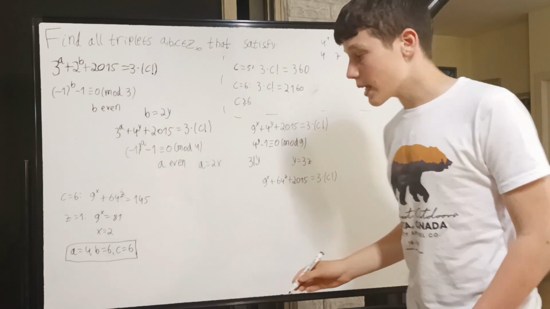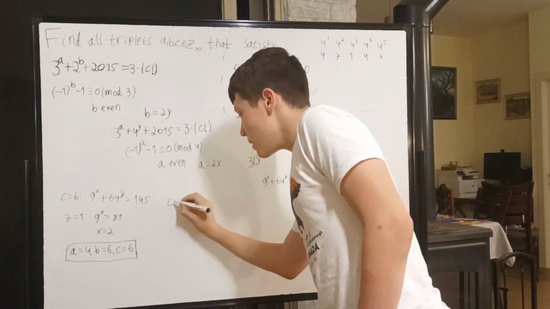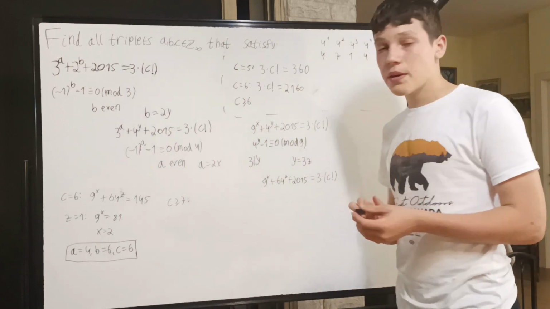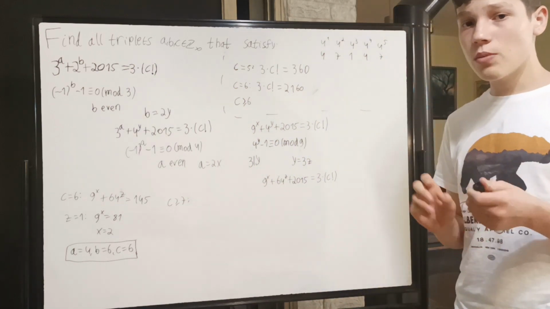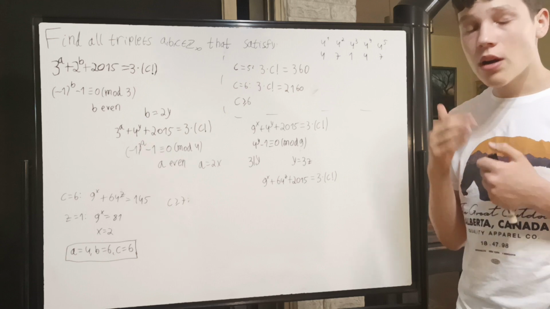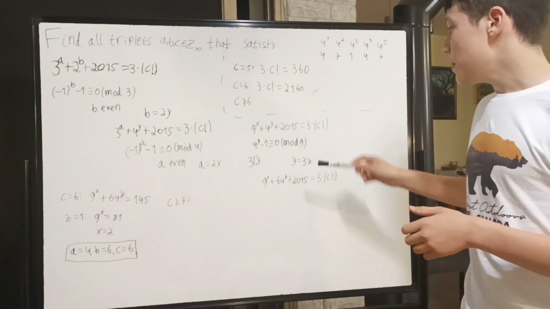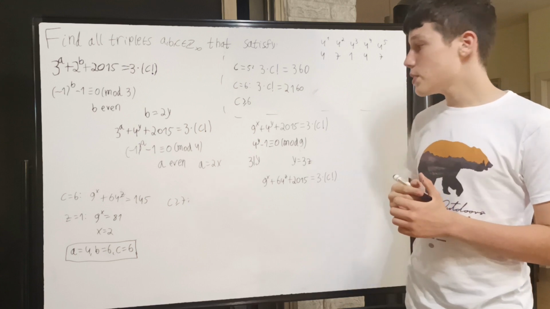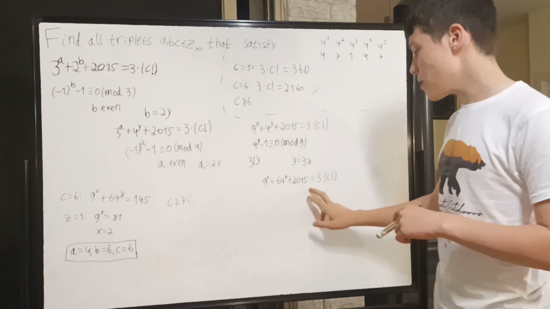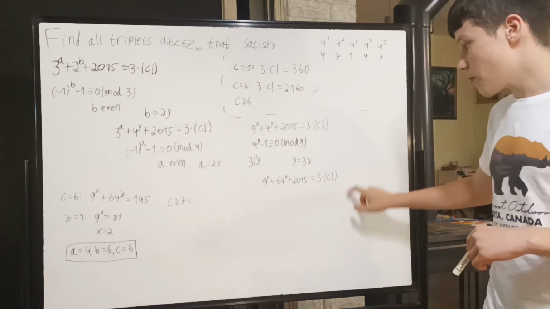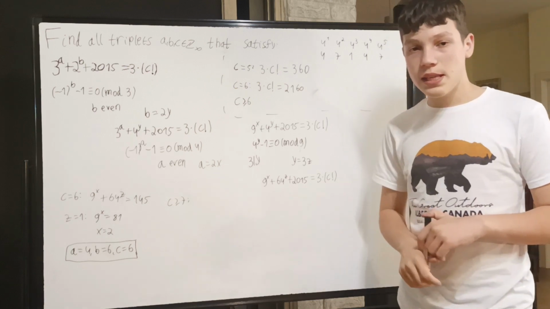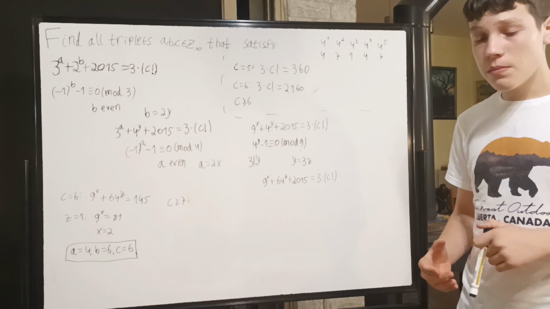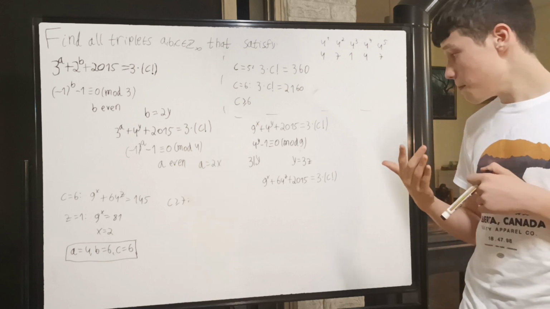Now let's do the second case, for C bigger than or equal to 7. If C is bigger than or equal to 7, we know 7 is included in the product of C factorial, meaning that 7 divides C factorial, meaning that if we do mod 7 to both sides here, this will be 0. 64 to the z mod 7 is like 1 mod 7. 64 is 1 mod 7.